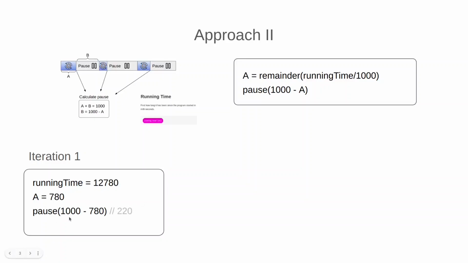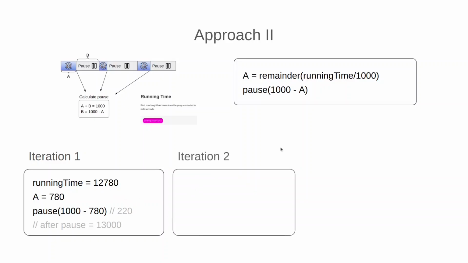We need to pause for 1000 minus A, this is 220, and this is an important thing. After the pause, we will land on the full second, because what we are actually doing is making a pause up to 1 full second. And in the next iteration, it will be clear how it works.